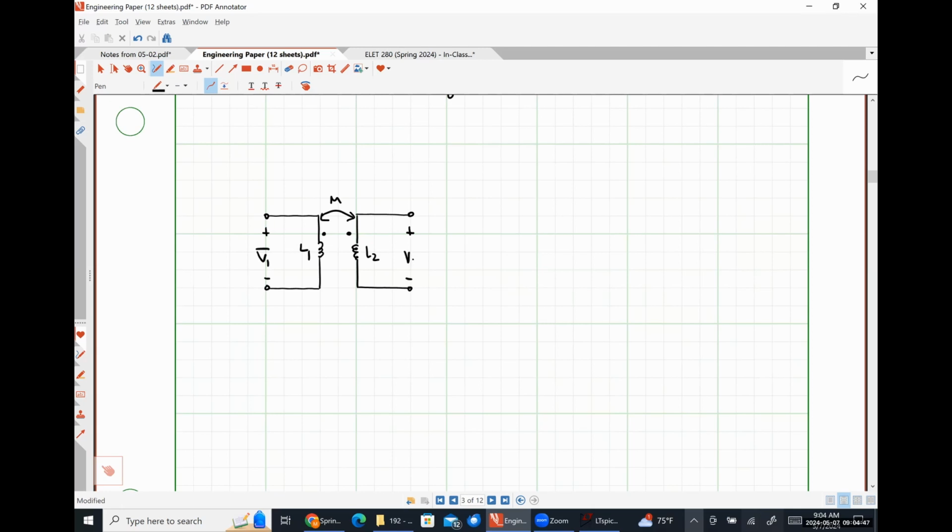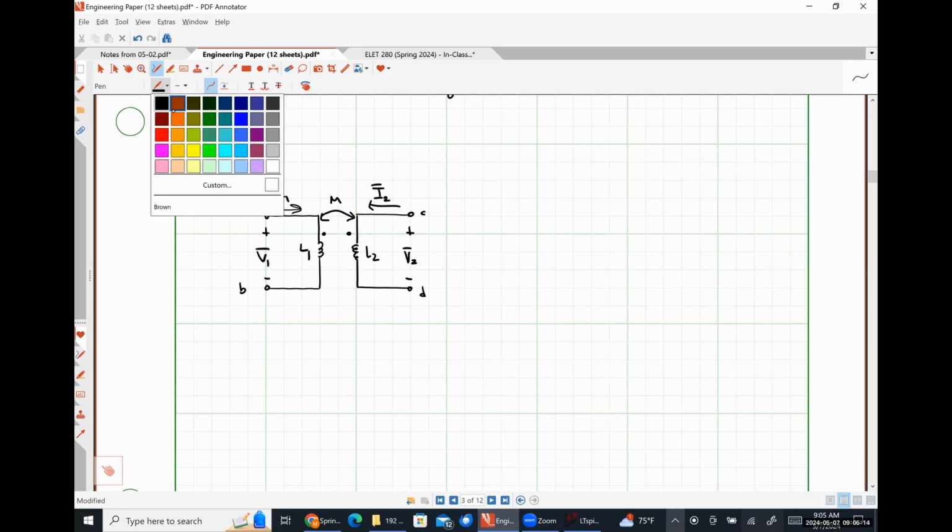This is my voltage V2 across my secondary. And I'm going to draw current I1 such that it flows into the dot, and current I2 such that it flows into the dot. I'm going to call these terminals A, B, C, and D.